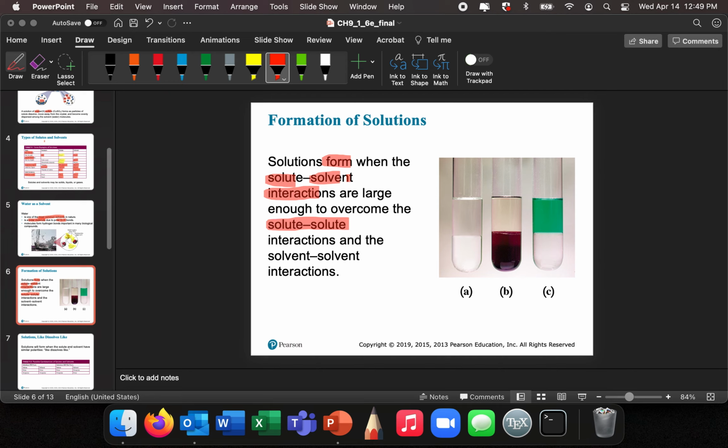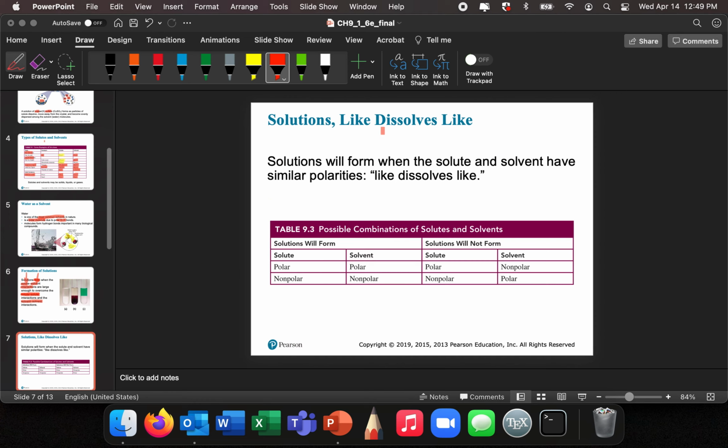There's the salt right there, and there's the water. When those interactions become important enough, then it dissolves. All right. So when the solute-solute interactions are overcome by the solute-solvent, and when the solvent-solvent interactions are overcome as well, although those are not as important.